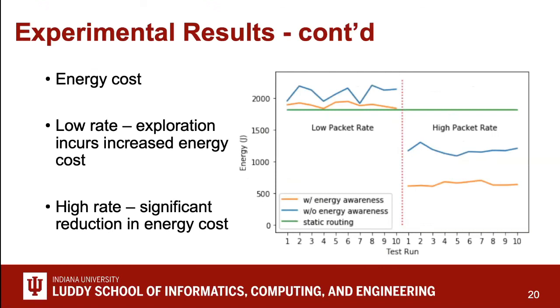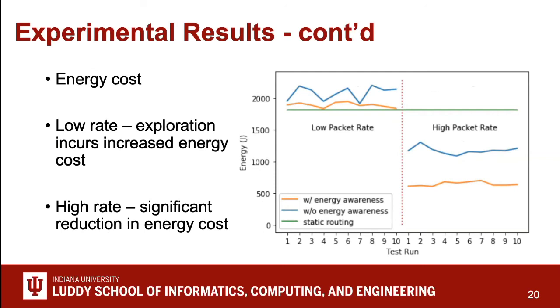These results show the total energy cost of our algorithm. And interestingly, at the low packet rate, it was on average a little bit more expensive from energy. This is because our algorithm actually has some exploration built in, which is typical of reinforcement learning.